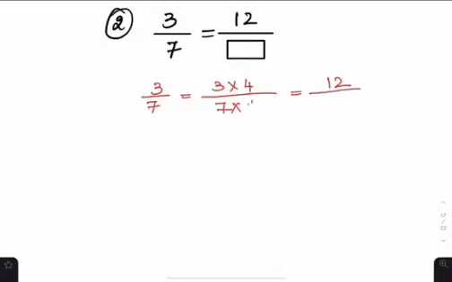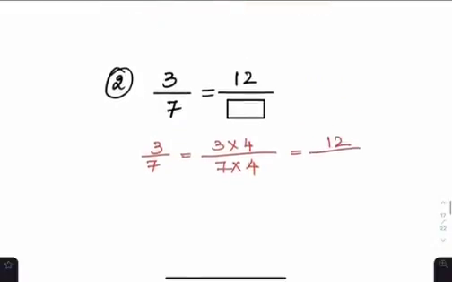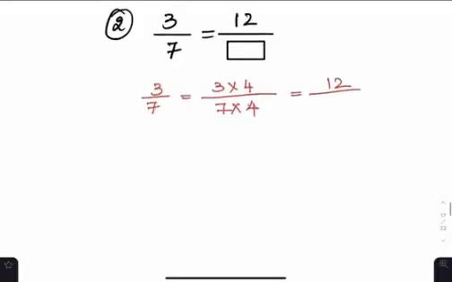Now, similarly, I need to multiply the denominator also with the same number. So 3 into 4 is 12. 7 into 4 is 28. So 28 is the number that goes in the blank.